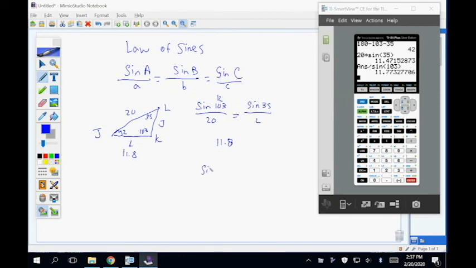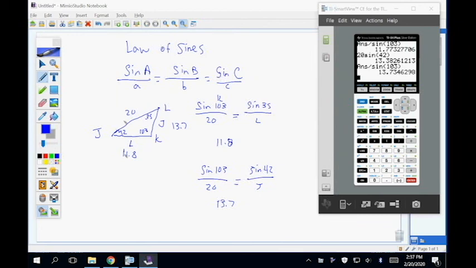Then we use sine K over side K again to solve for side J. Sine of angle J, which is 42, divided by side J. Cross multiply, 20 times sine 42, and divide by sine 103. That comes out to 13.73. Rounding down, J is 13.7.